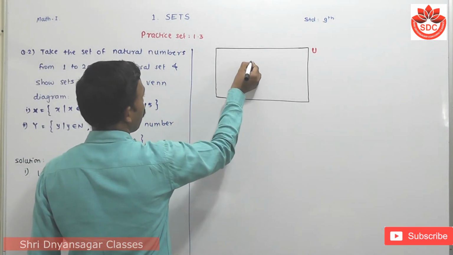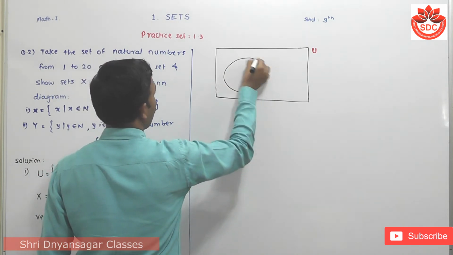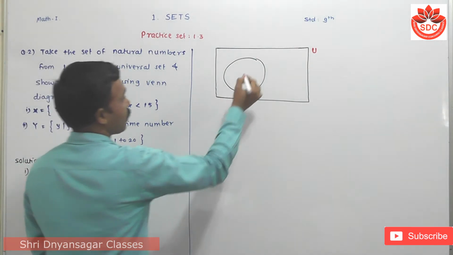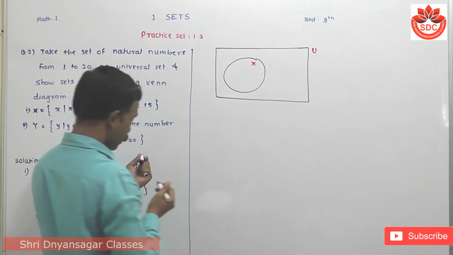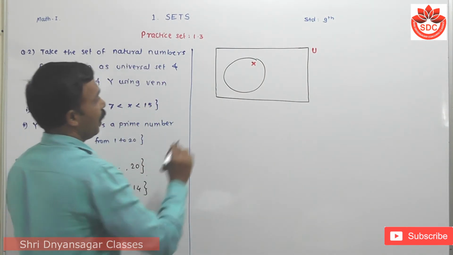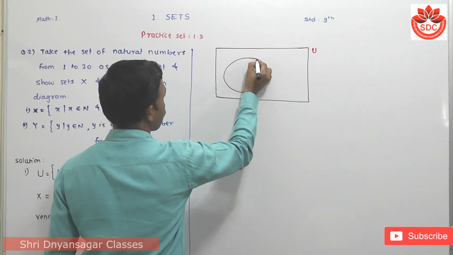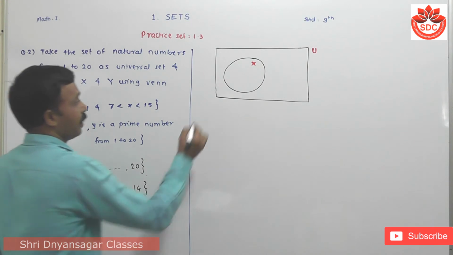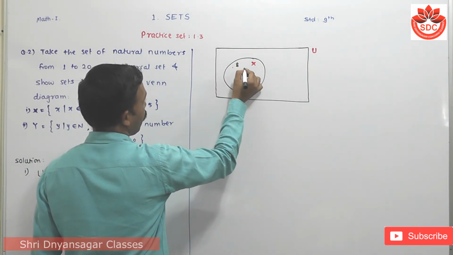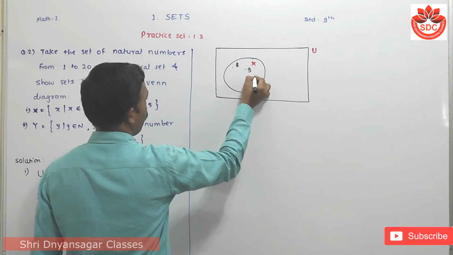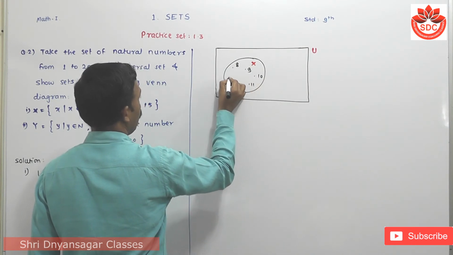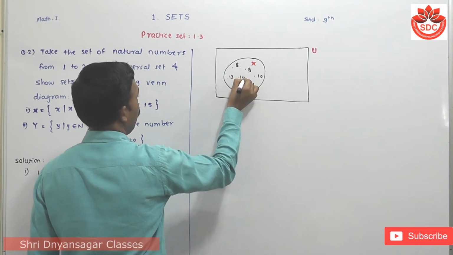Now suppose here any one circle. Suppose that this is the set of x. The elements which are in x are 8, 9, 10, 11, 12, 13 and 14.